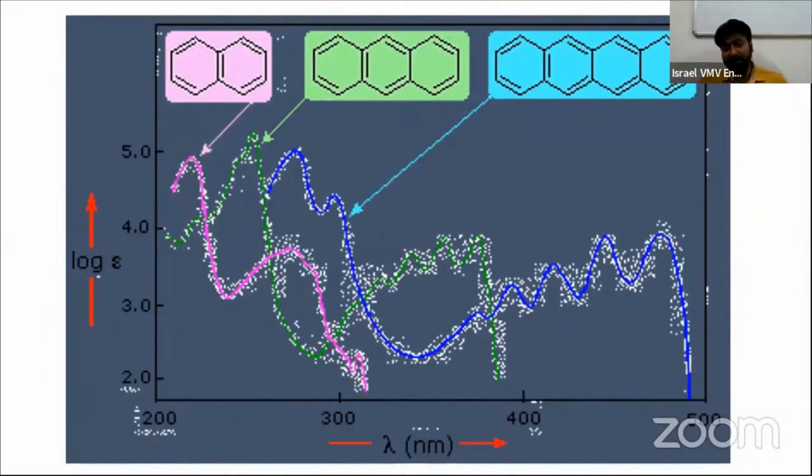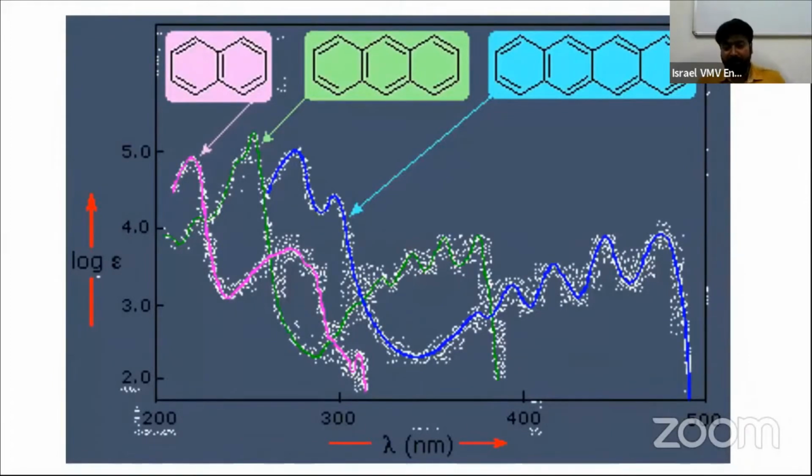What you see at the right side is a molecule with 4 rings. The first molecule is called naphthalene, pink color. The second one is called anthracene, and the third one is called benzanthracene. More double bonds means more conjugation, more electron density in the molecule, more probability of excitation, and that shifts the absorption spectrum to a longer wavelength.